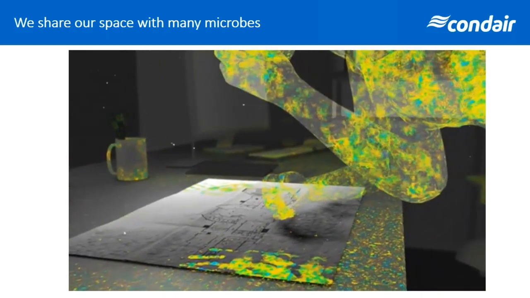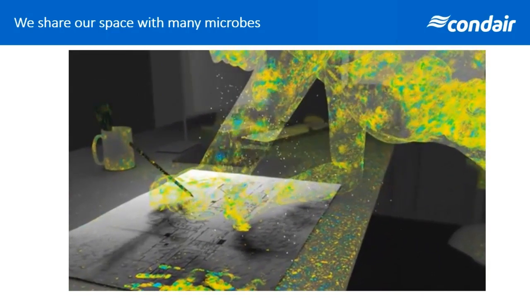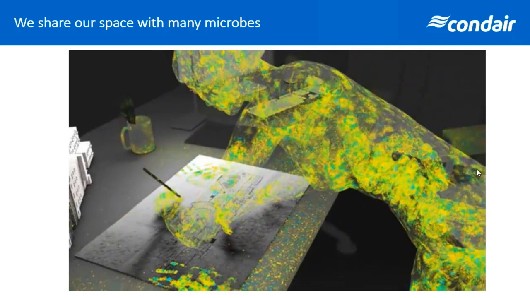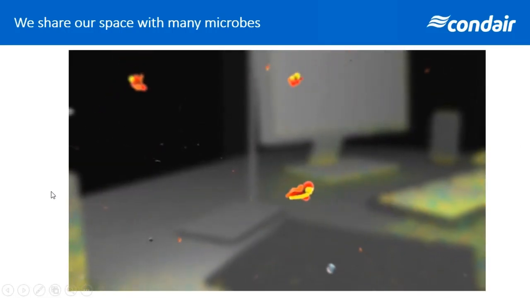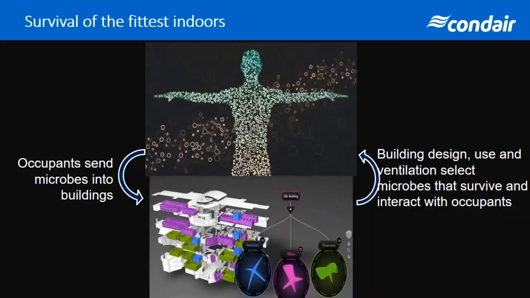There's a lot of communication between the air and surfaces. You can see droplets coming from her nose. Again, that's normal. You'll see her digestive system is illuminated. We have a lot of organisms in our digestive system. So you can see that human beings introduce many, many microbes into the indoor environment.